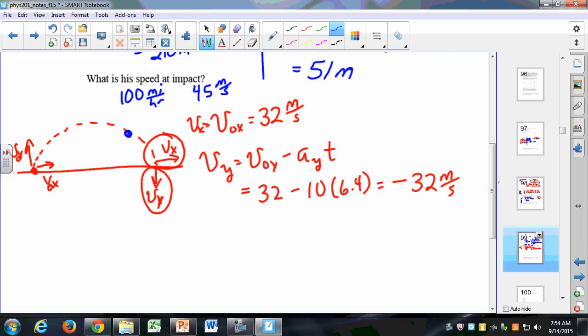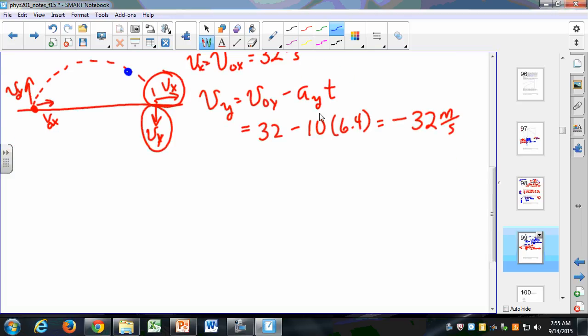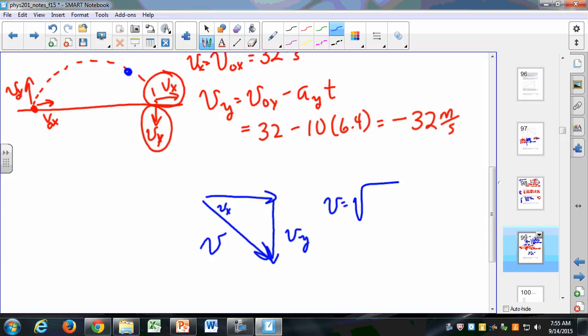All right, and then if I want to find the net velocity, I have Vx in this direction, Vy in this direction, and it just becomes a vector problem, and I want to find V. So V is going to equal the square root of 32 squared plus negative 32 squared. I don't need to do that because I know that it has to be 45 meters per second. But you might have to do that procedure if you were finding the velocity at a particular time, which we'll see in some problems in just a bit.